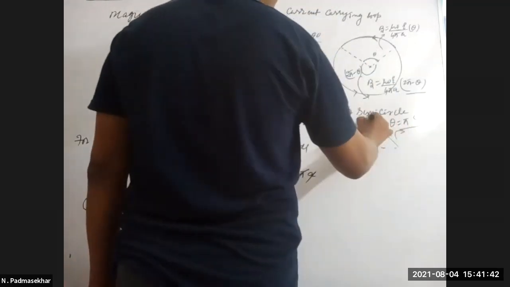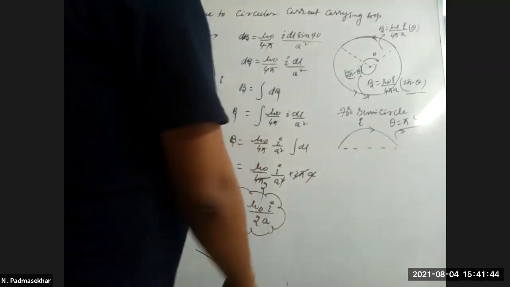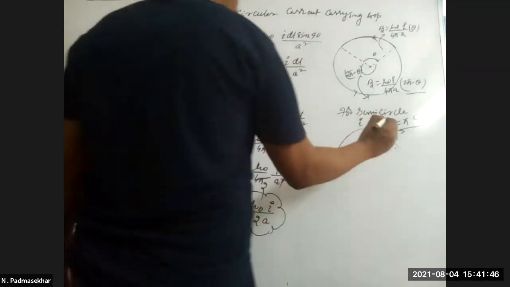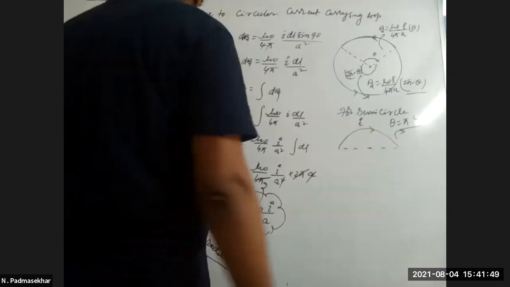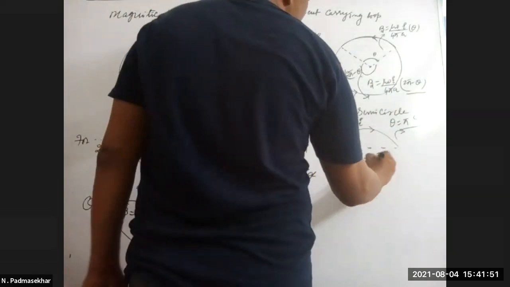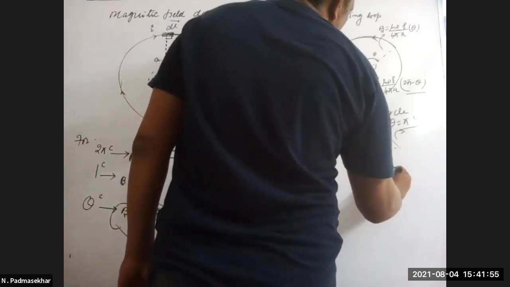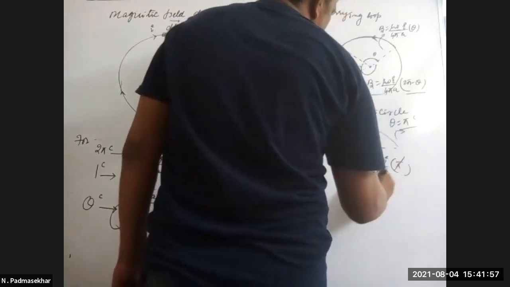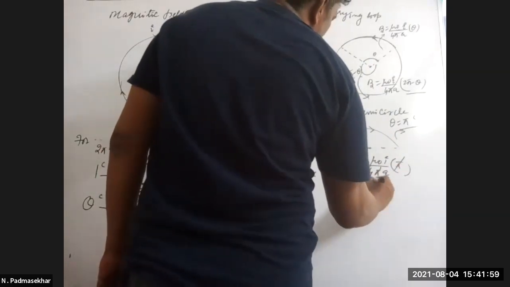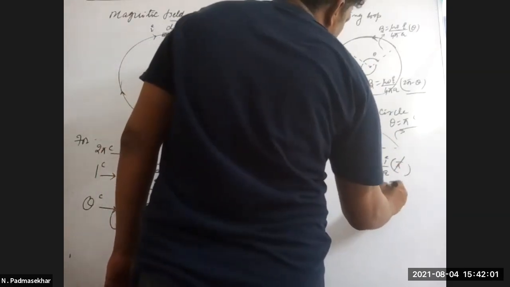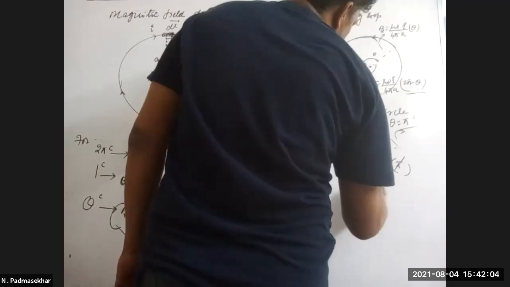So what is the magnetic field at the center of the semicircular arc? B is equal to mu naught I by 4 pi a into pi. This pi is cancelled. B is equal to mu naught I by 4a.